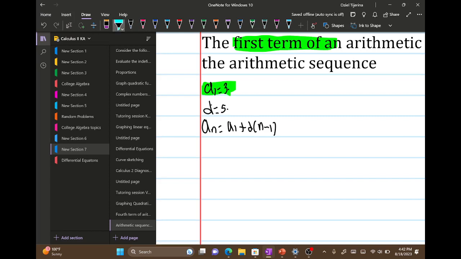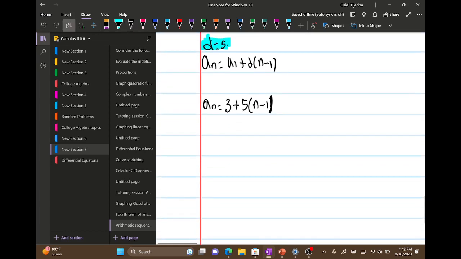And so if I want to find an arithmetic sequence for this, I would say a sub n equals 3 plus 5 times n minus 1. So now I know that this is the formula for my arithmetic sequence.